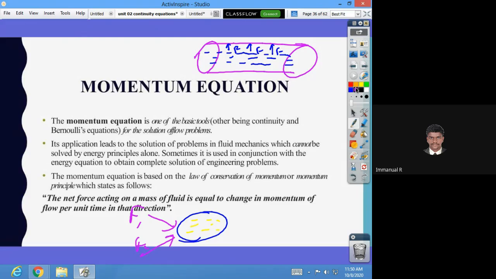So the net force is F1 plus F2, according to basic engineering mechanics. Then the change in momentum with respect to unit time is d by dt, and the momentum formula is m into v. So this is the mathematical expression for this line.